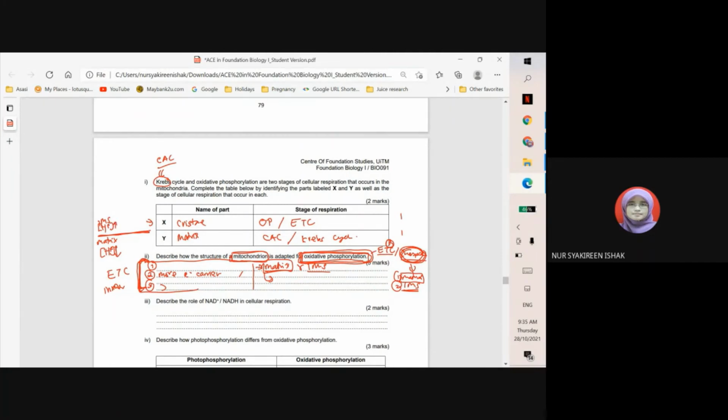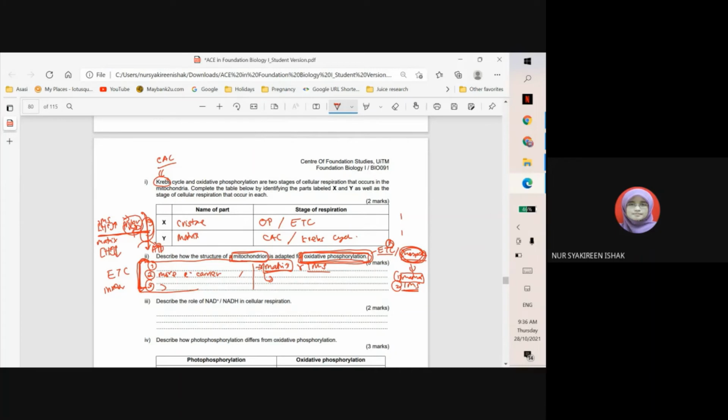By having a high concentration of hydrogen ion in the intermembrane space, this will create an electrochemical gradient, or we can also refer to it as proton motive force. This proton motive force, which is a form of energy, will be used by ATP synthase to allow hydrogen ion to diffuse back into the matrix and synthesize ATP molecules.